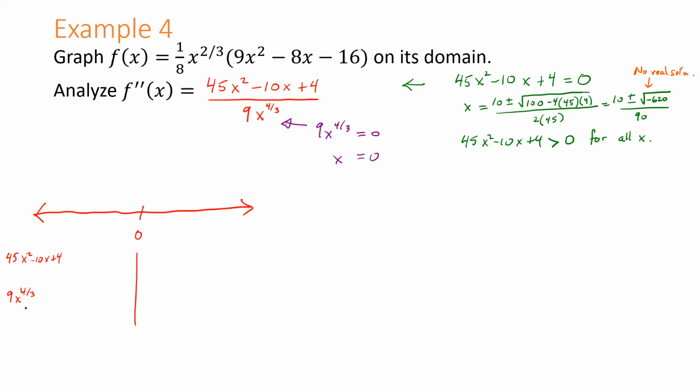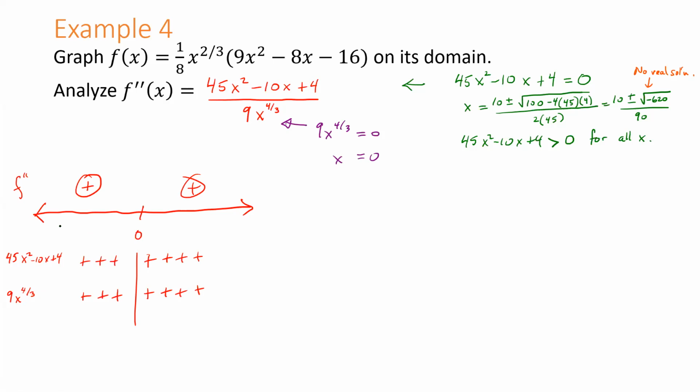And actually, because the denominator has this power of 4, it's 4 over 3, but because it's the power of 4 there, it's like the cube root to the power of 4. We can think of that as also always being positive. So both of these factors will always be positive on either side here. So our second derivative will always be positive.